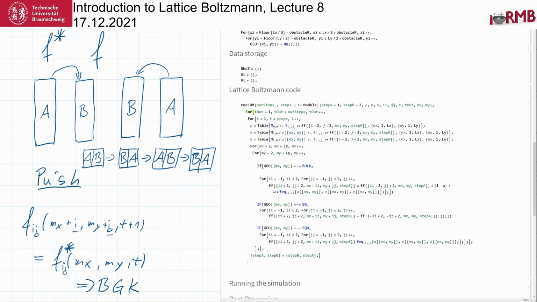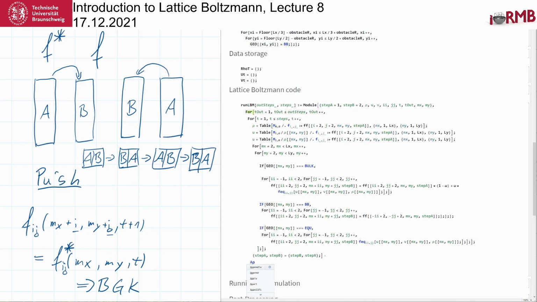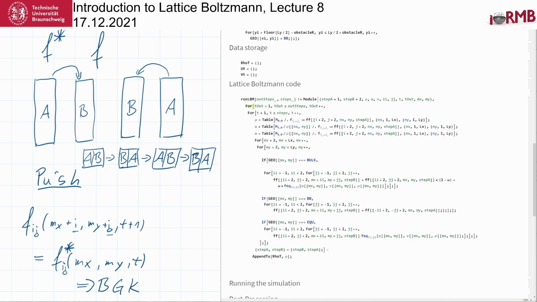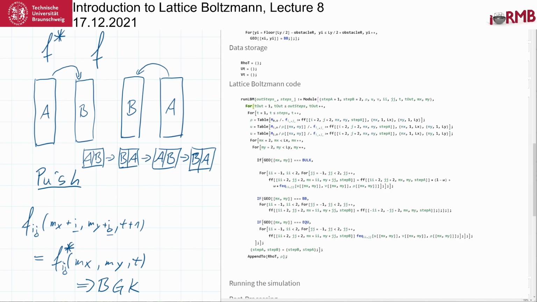Now we want to save our data, and we do this by append to the data set row t. We append the data from the row, and we do this for all lines. Okay, I'm not supposed to make any mistakes today. Append to ut, u.